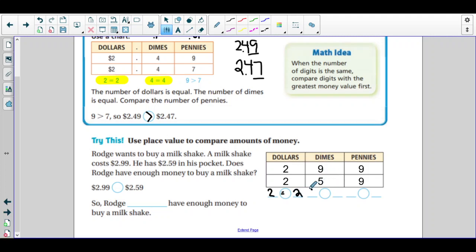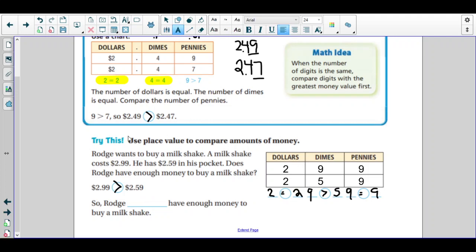And right here, 9 is greater than 5. And then finally, 9 is equal to 9. So $2.99 is greater than $2.59. So what does that mean for Raj?